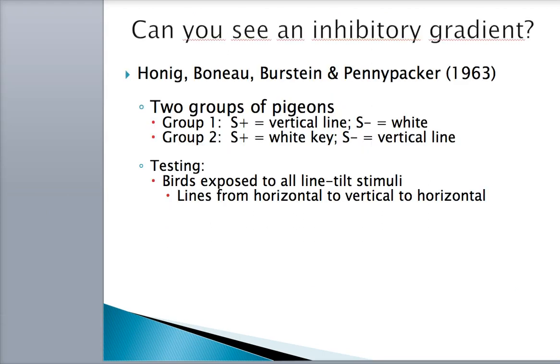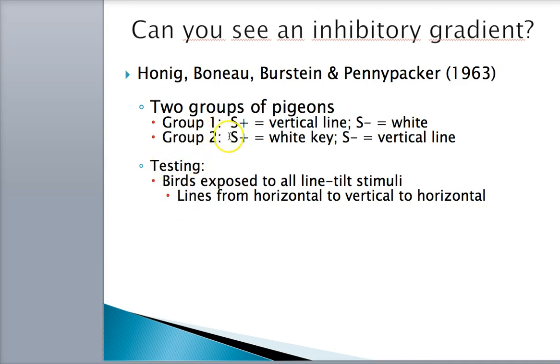So now the question becomes, can you actually see an inhibitory gradient? Well, back in 1963, Honig and Pennypacker and a couple of their students conducted an experiment to see whether they could actually measure responding to an inhibitory gradient. So they used two groups of pigeons.